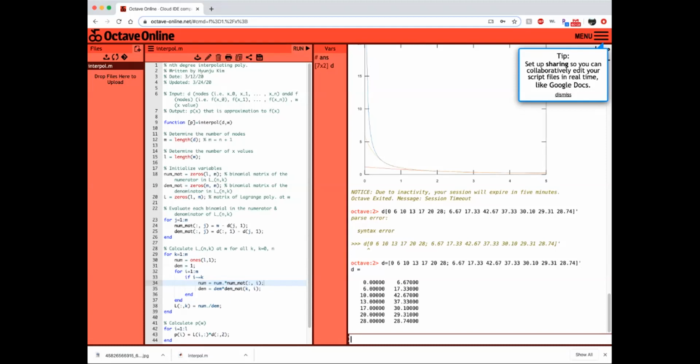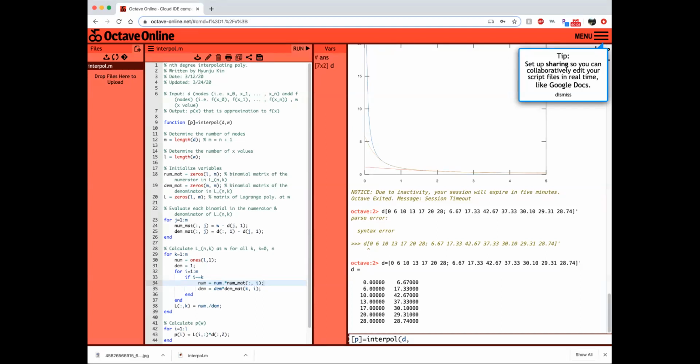So now we use this: P is equal to interpolation of D, comma, W. So we want to plot the graph of the approximate polynomial using Lagrange interpolation.